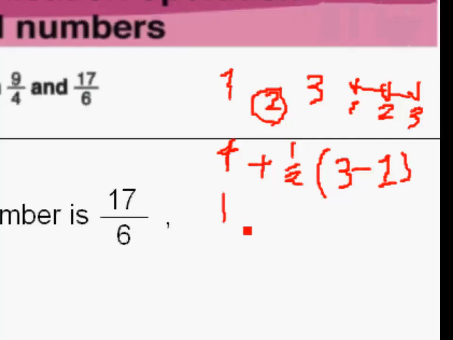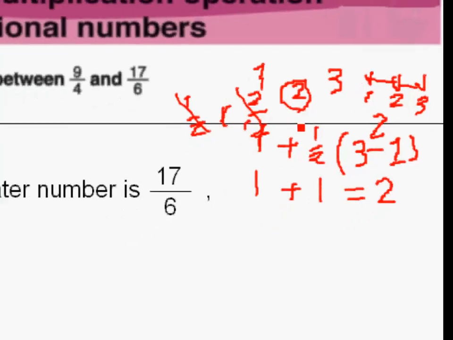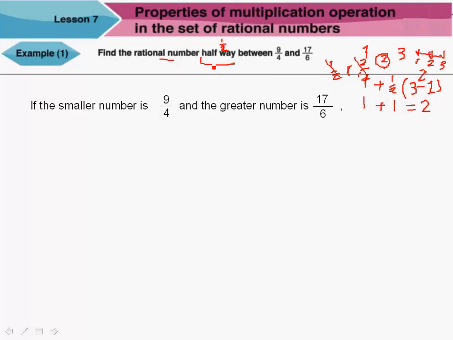So this will be equal 1 plus 3 minus 1 is 2. Half times, we multiply half times 2. 2 is 2/1. So this will be equal 1. The result will be 1 plus 1 is equal 2, which is the halfway between 1 and 3. This is the main idea of solving these questions.